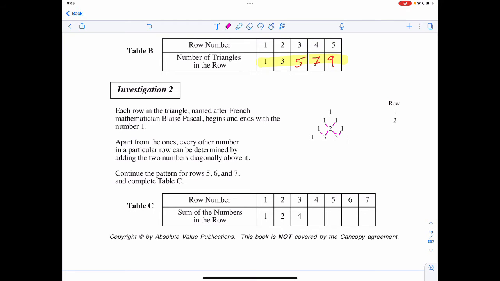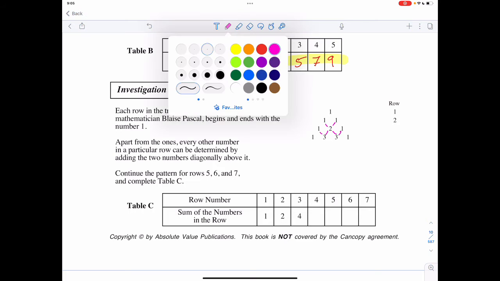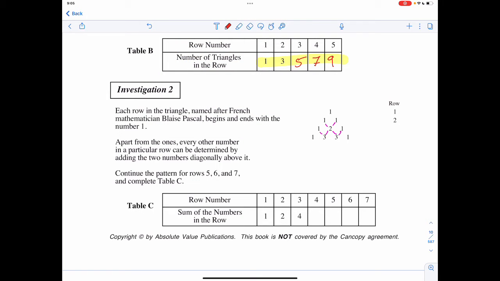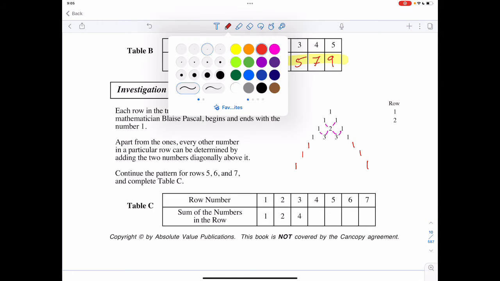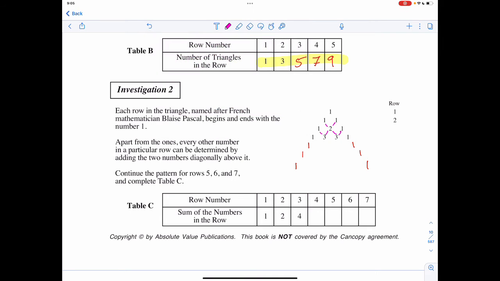If I keep this pattern going, then it's going to keep having 1s going along the outside, and I can add the numbers that should exist on the inside. So 1 and 3 is 4, 3 and 3 is 6, 1 and 4 is 5, 6 and 4 is 10, 1 and 5 is 6, 5 and 10 is 15, 10 and 10 is 20.